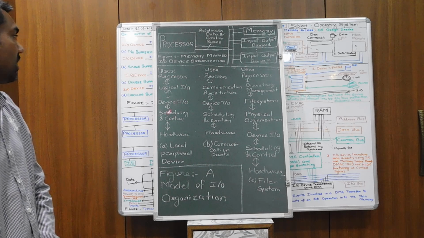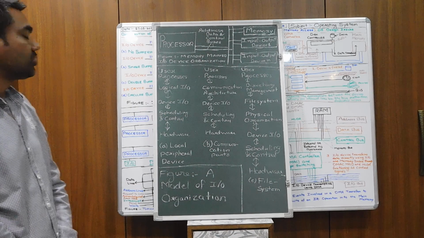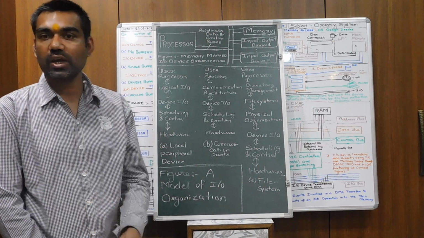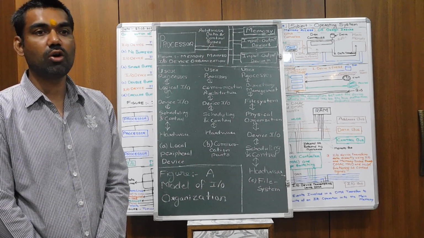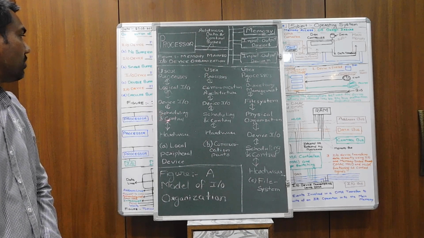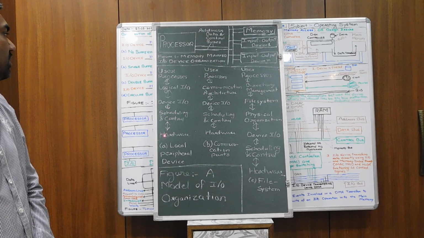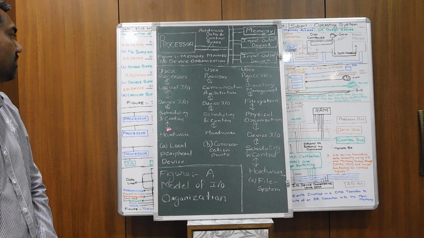Then comes the next layer, that is the scheduling and control layer. The actual queuing of the request onto the device is going to take place in this layer, and this layer is in direct interaction with the hardware.